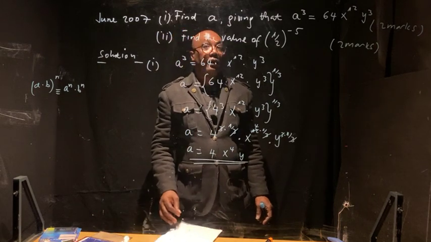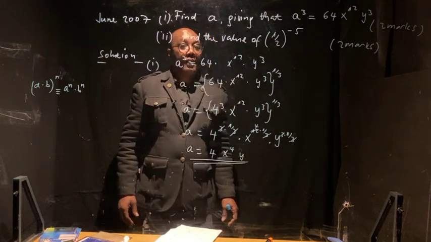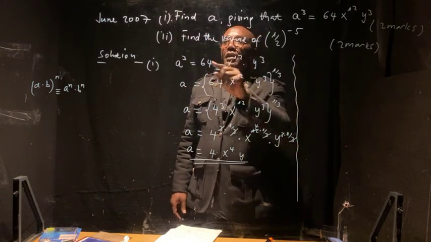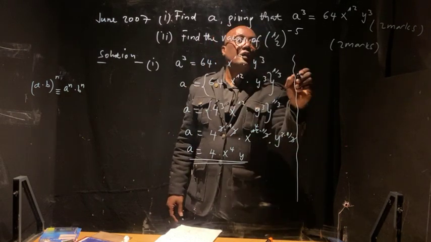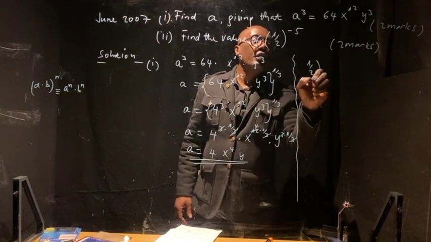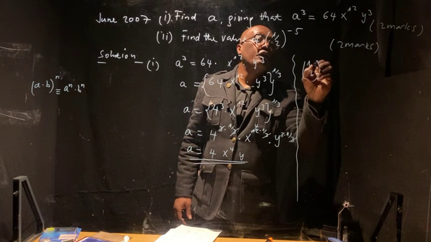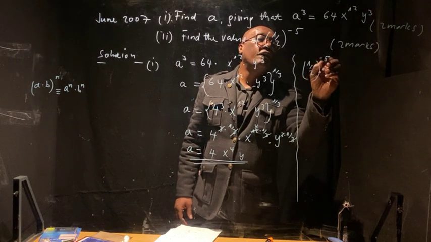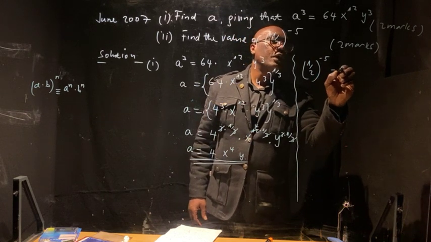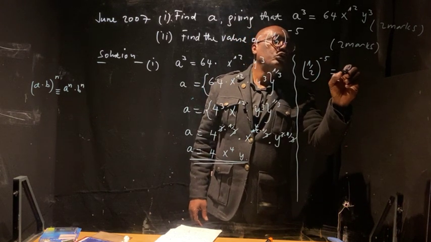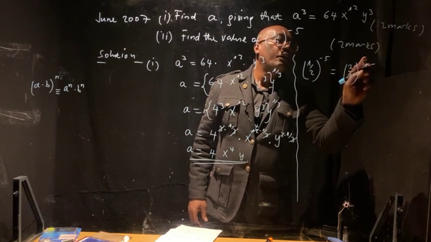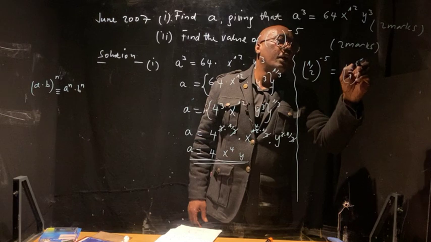Good. And the next question, which is part B. The part B question says find the value of half raised to the power negative 5. We can do away with the negative index, so it becomes 2 over 1 raised to the power of 5.